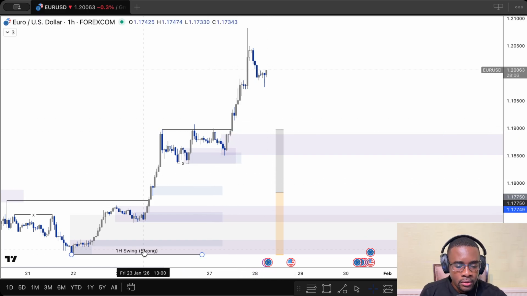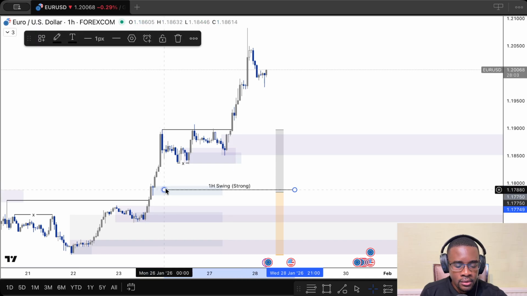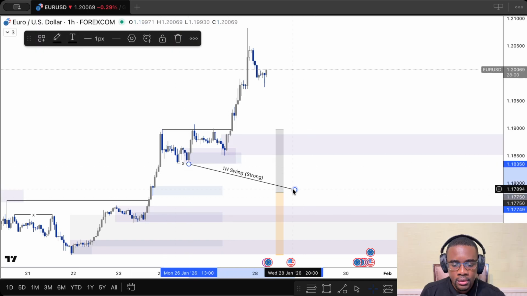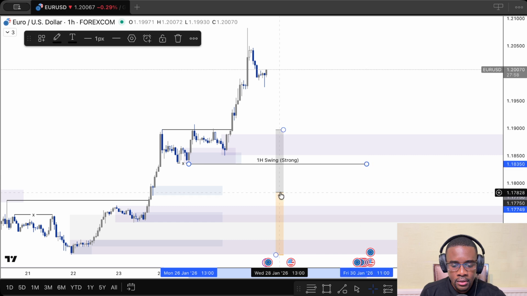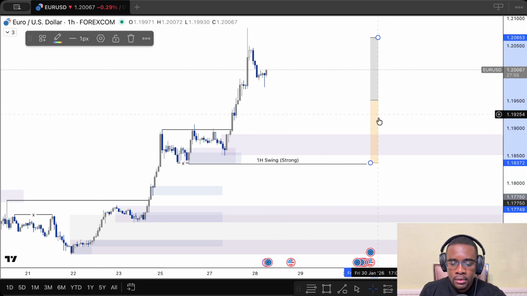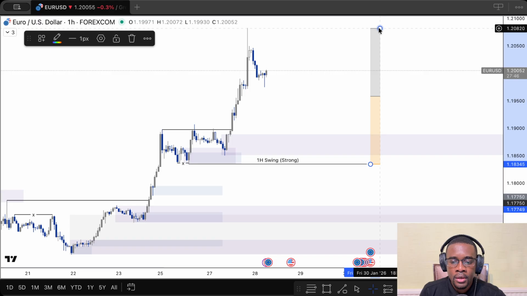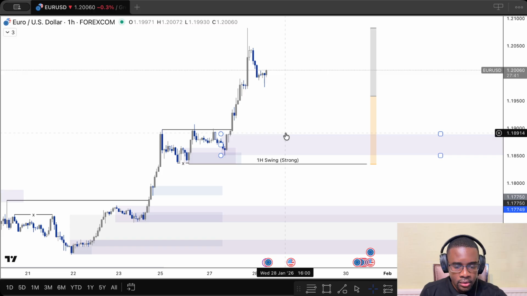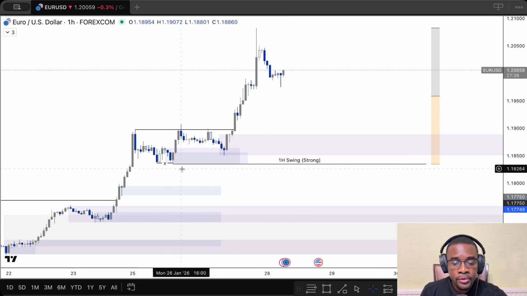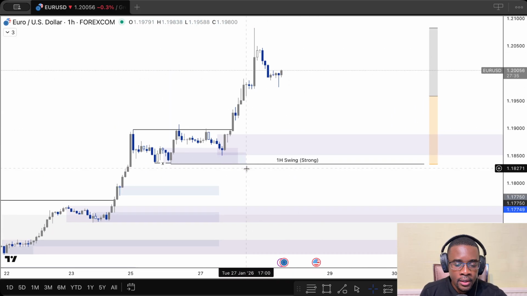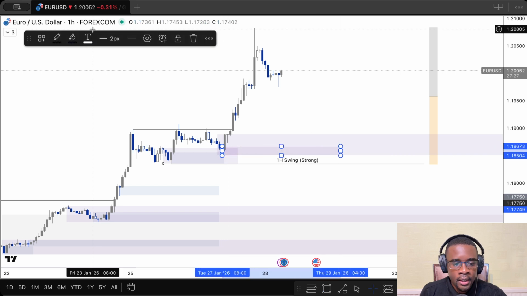So that makes this my strong swing low and that my weak swing high. Obviously the swing low has already been mitigated, causing that push out, and this is what we have.